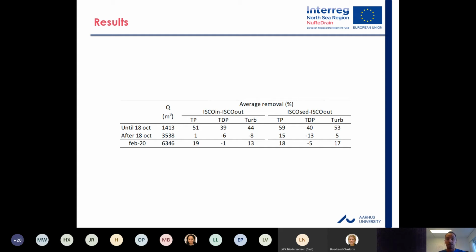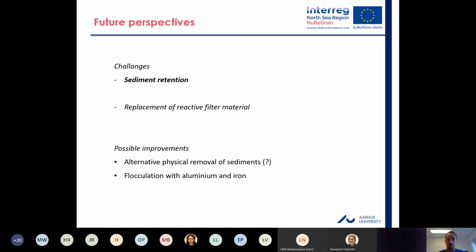This trend is reflected also in the data we obtained for the month of February. Based on the data I have shown, in terms of future perspectives, I can say that with our filter system we have some challenges, and the main challenge has been the retention of the sediments.